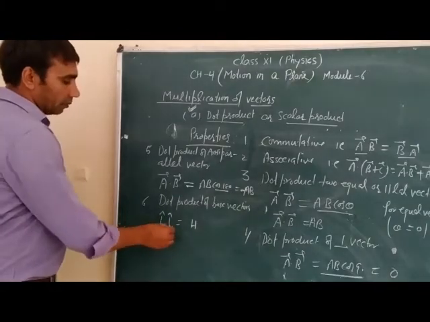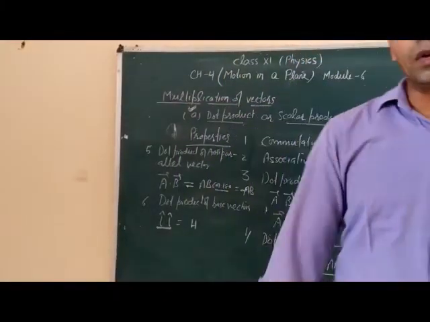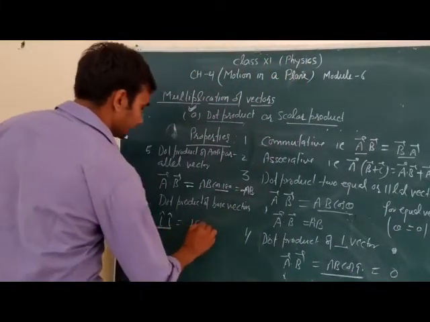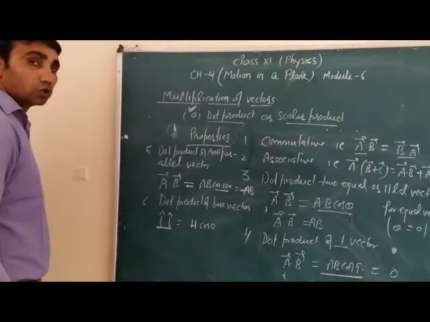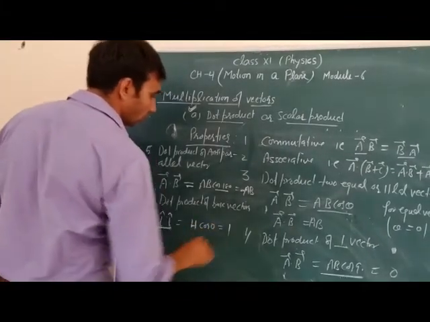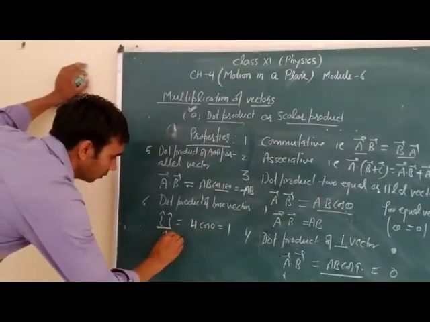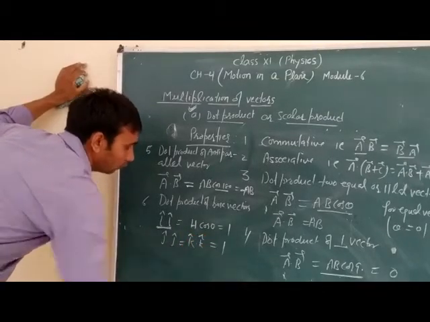And the angle between two equal vectors, as we have discussed, is 0. Cos 0 is equal to 1. So I dot I is equal to 1. Similarly, j dot j and k dot k are equal to 1.